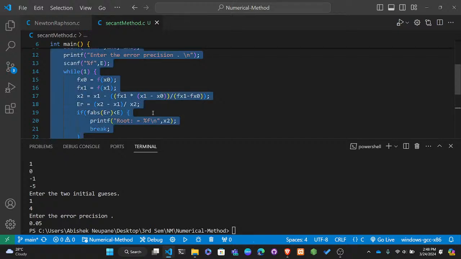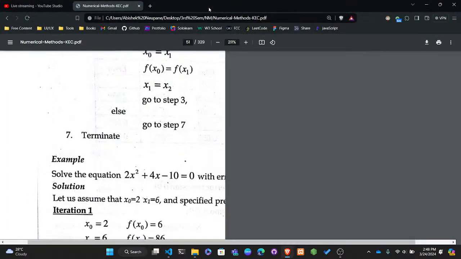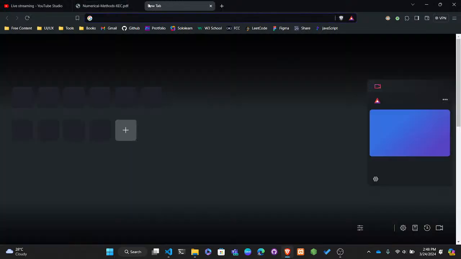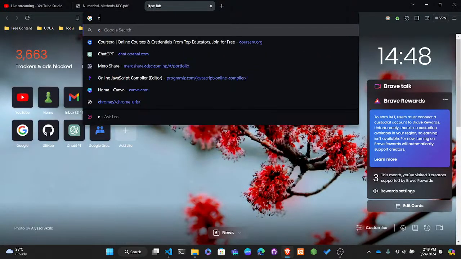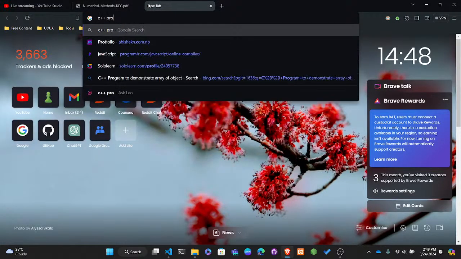So let's check this on an online compiler, okay? I'd love to do it in a C++ program.